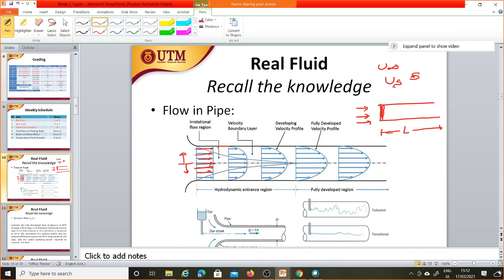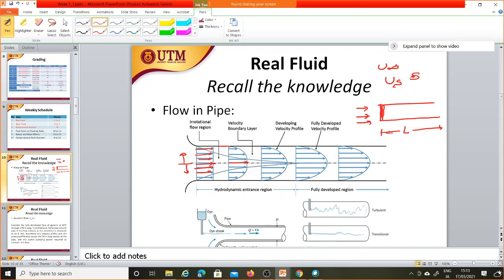The layer of fluid that is completely attached or very close to the surface, or we call this the wall, will have zero velocity. Then at the center point we will have the maximum velocity, because the influence of the wall is minimum, or you can say negligible here.